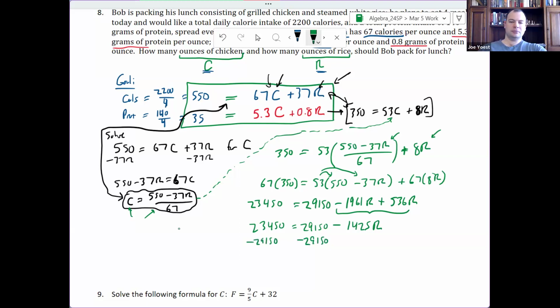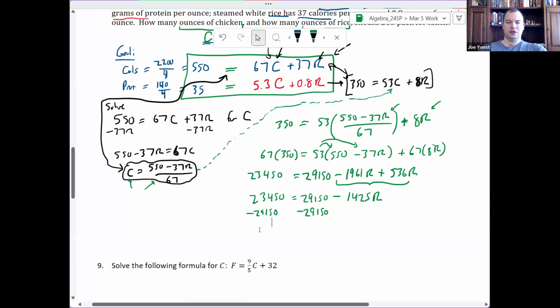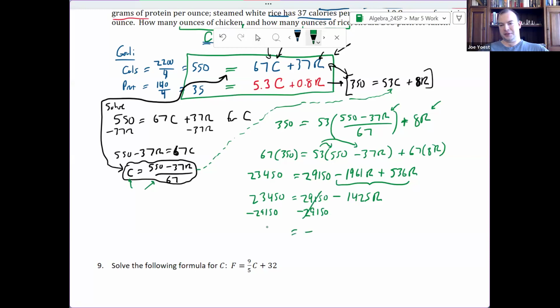Again, no new math here. It's just the numbers are a little harder to work with, a little bigger numbers, but same strategy.